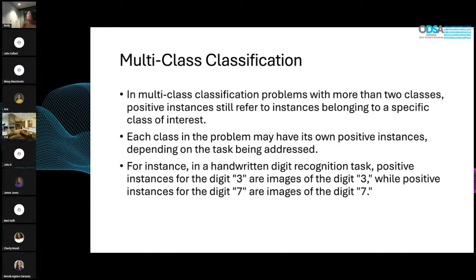Images of the digit 3 are positive for the digit 3 class, while images of the digit 7 are positive for the 7 class. So each one has its own positive and negative instances. If an image is truly a 3 and you predict 3, that is a positive instance. If you have an image that is anything else that is not 3, those are your negative instances in regards to looking at the 3.